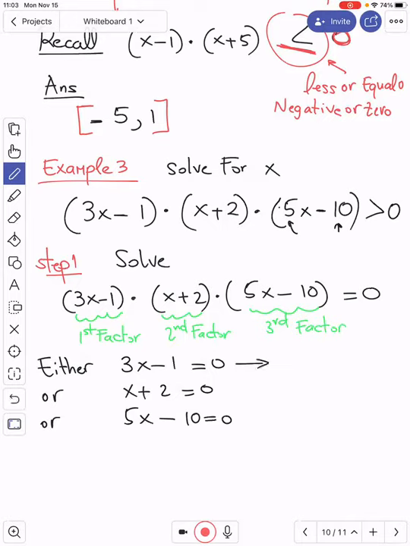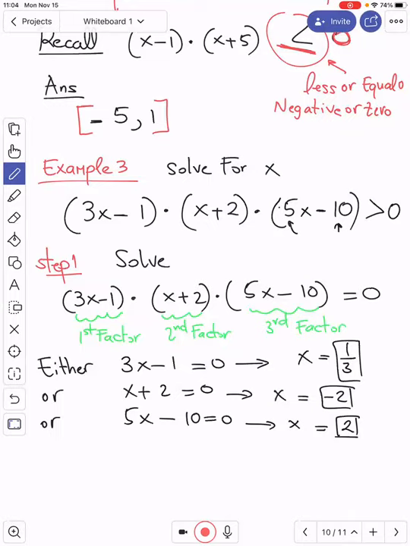If 3x - 1 is 0 and you solve for x, it's going to be 1/3. X + 2 is 0: if you solve for x, you get x equal to -2. And 5x - 10: if you solve for x, x is going to be +2. So now we have 3 different solutions, not just 2.